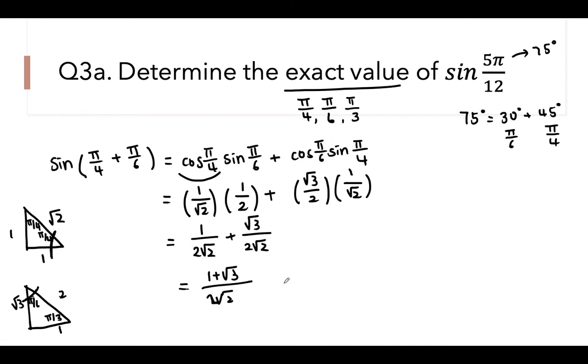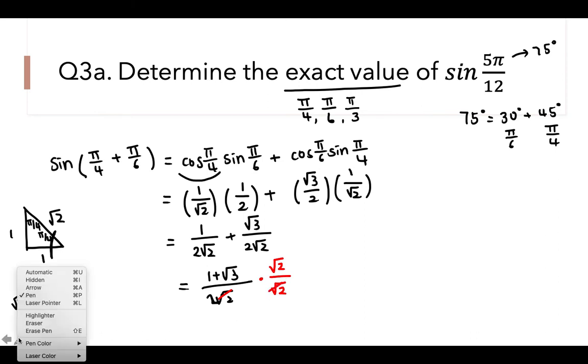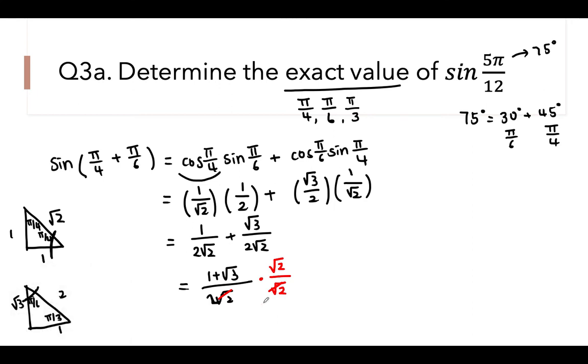Okay, so what we could do, we could multiply the top and bottom by square root 2 over square root 2, so that this cancels out with this. So we are rationalizing the denominator. Therefore, I'm going to distribute, square root 2 plus square root 6 over 2 times 2.